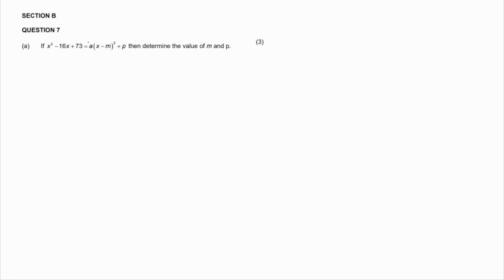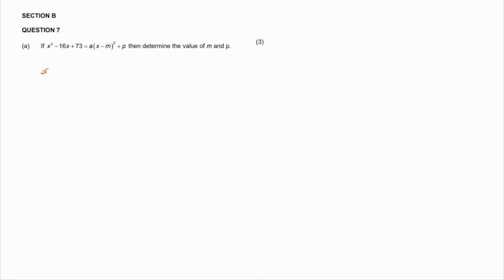this turning point way. If you look here on the right, this form is the equation of a parabola in turning point form. And to get into this form with a normal trinomial, like we have here on the left, you have to complete the square. So on the left, we're going to complete the square.